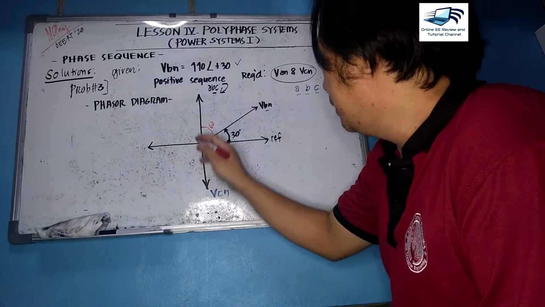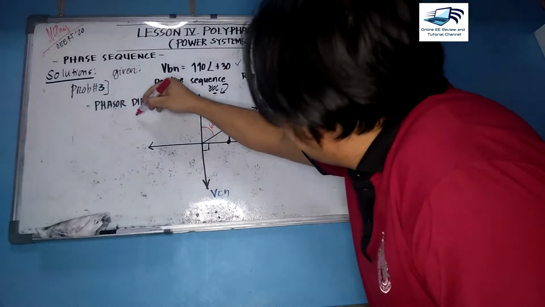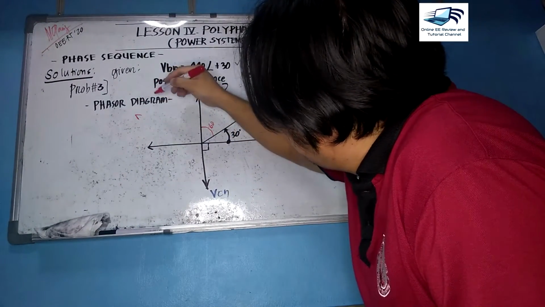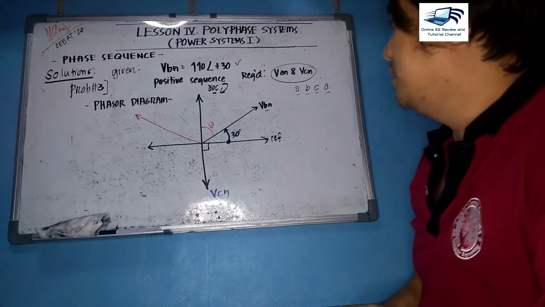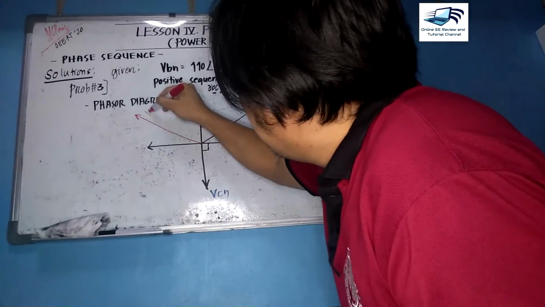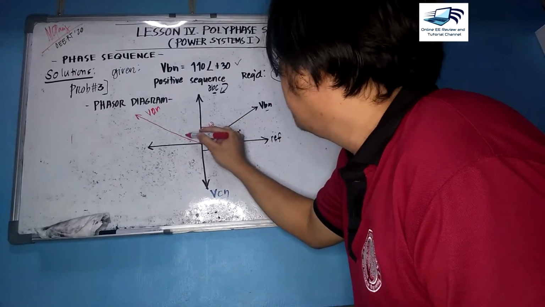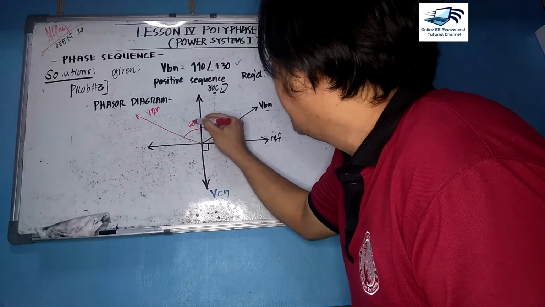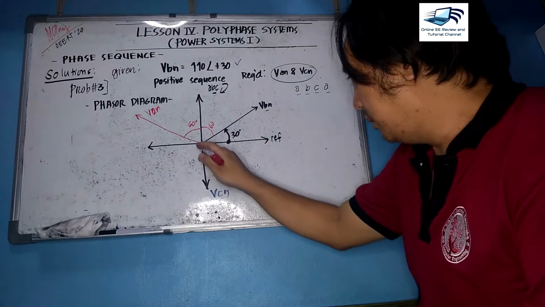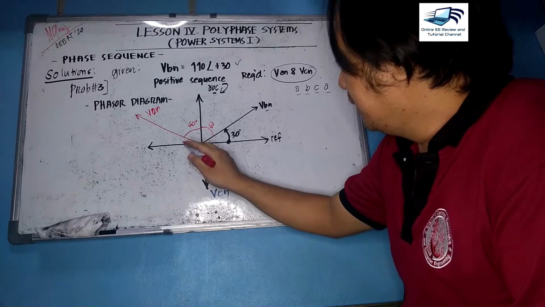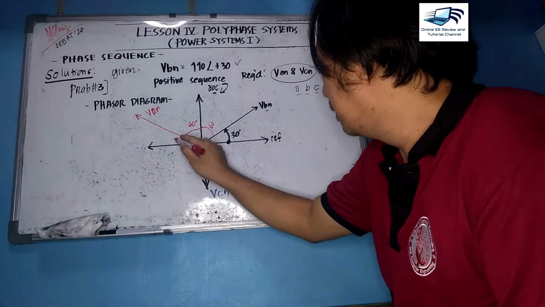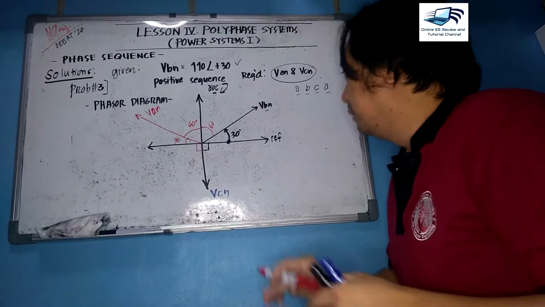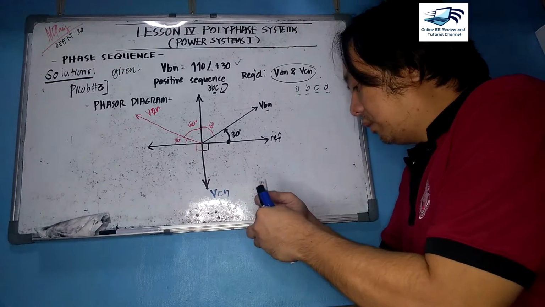So another 60 here will give you AN. So okay, we'll have the vector here. Okay, like this. So this one is VAN. So if this is 60 as well, you have 120. We can check it out. This is 90 and 30. And then this one is 120, as you can see here. Okay. Thus, we have all of the vectors.